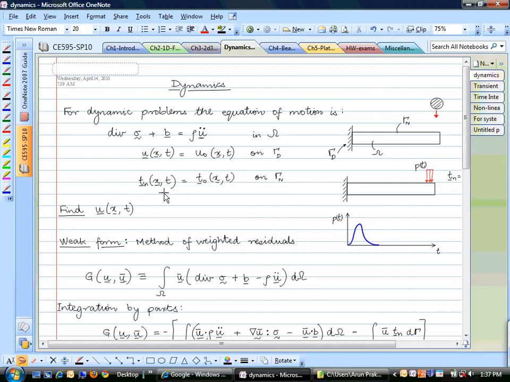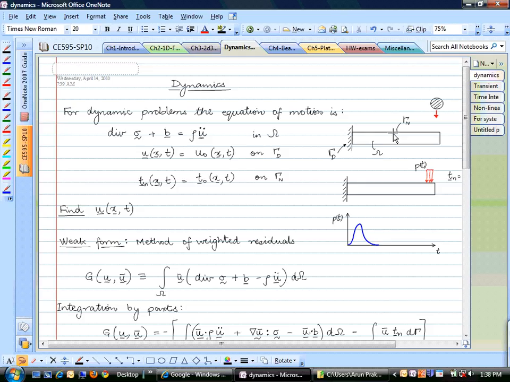There is this second boundary condition on the force or tractions. The traction boundary condition says that on the part of the boundary that is free, you need to specify the tractions. For example, if you have this kind of a cantilever domain and you drop a ball on that, this is clearly a dynamic problem. The ball hits here, and then the beam might oscillate up and down, and that wave might propagate along the length of the beam.